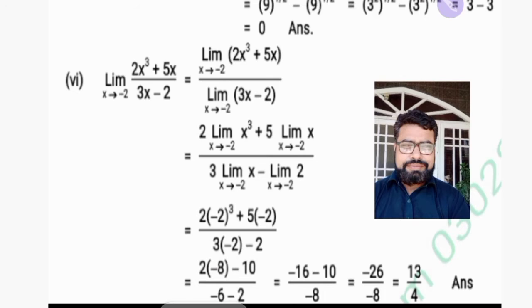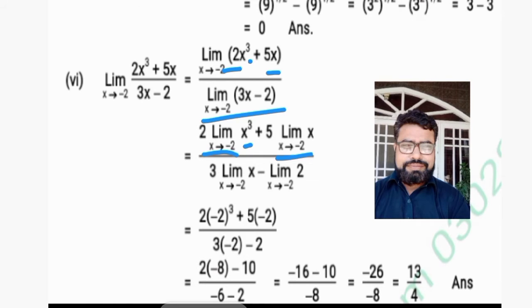will apply here. If there are two terms, we have to write limit with both the terms, and if there is a coefficient will be written outside the bracket. As there is coefficient is 2, so coefficient will be written outside the limit, and there is coefficient of 5 which will be written outside the limit, and there is sign of addition between them.